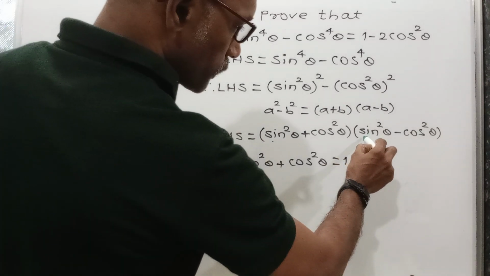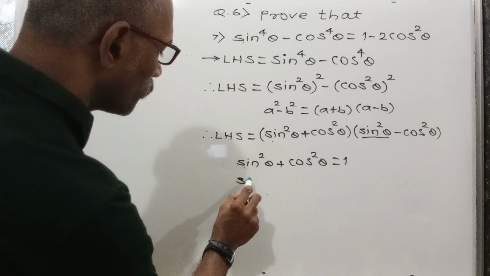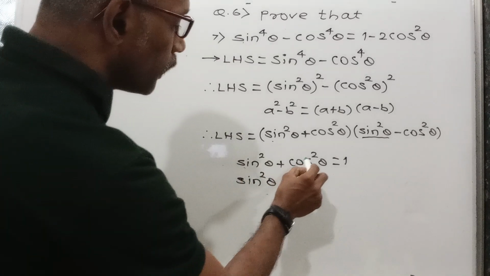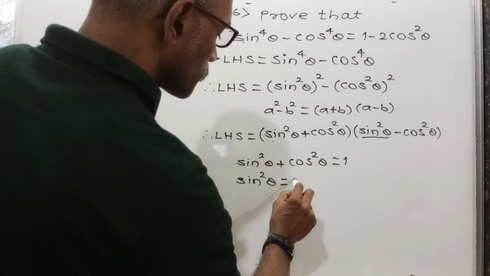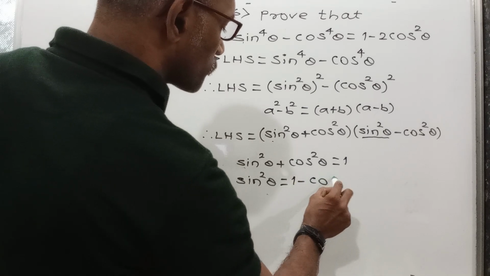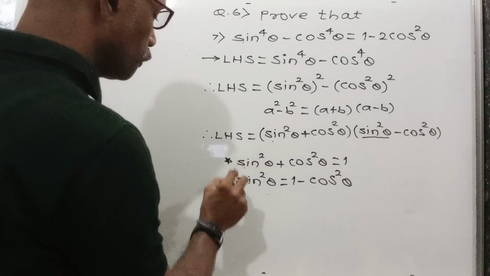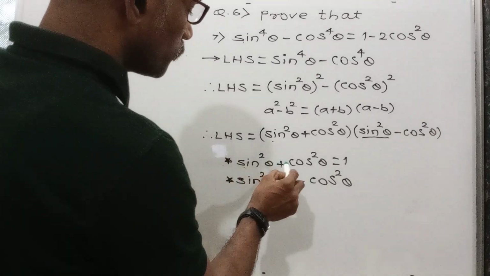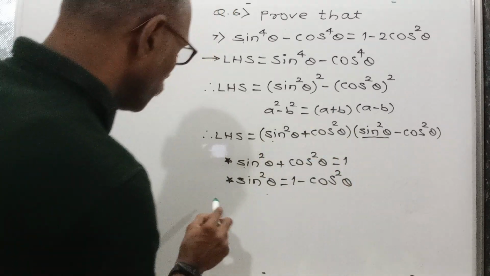And we keep sin²θ as it is and take the plus cos²θ to the right side. When we take this plus to the right side, it becomes minus. Did you understand? We use both these formulae.